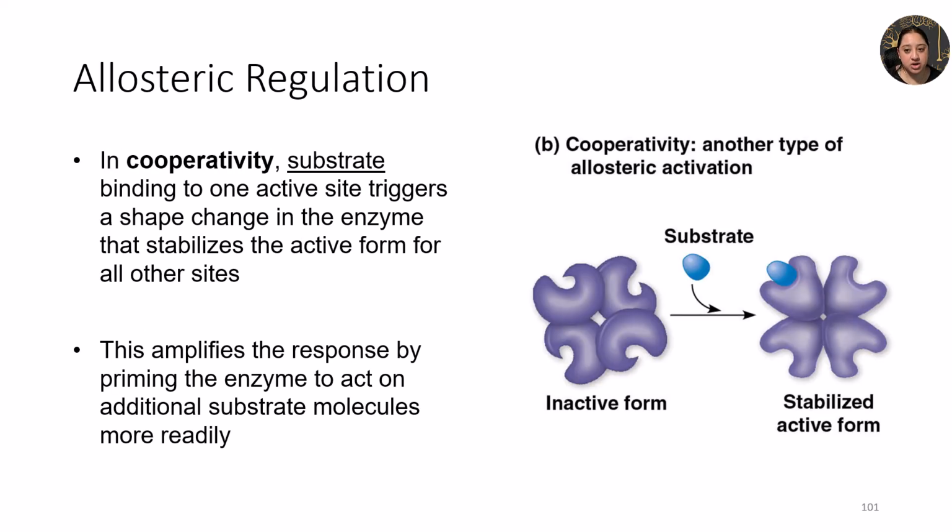In this other type of allosteric regulation, called cooperativity, the substrate binding to one active site triggers a shape change in the enzyme that stabilizes the active form for all the other sites. So it's not a different regulatory molecule, it's the substrate that is making this change.